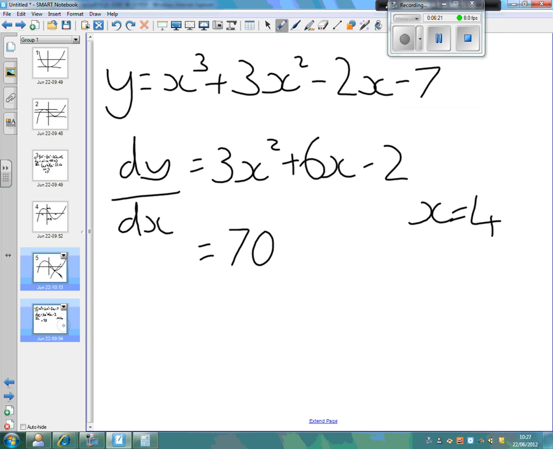So now what we need to do is do what I said before. To work out the normal, what we've got to do is minus 1 divided by 70. And that equals minus 1 over 70.